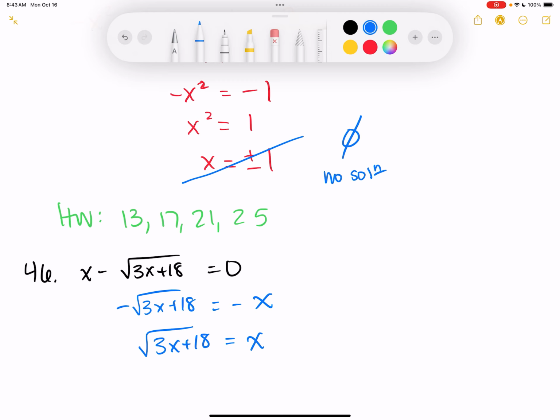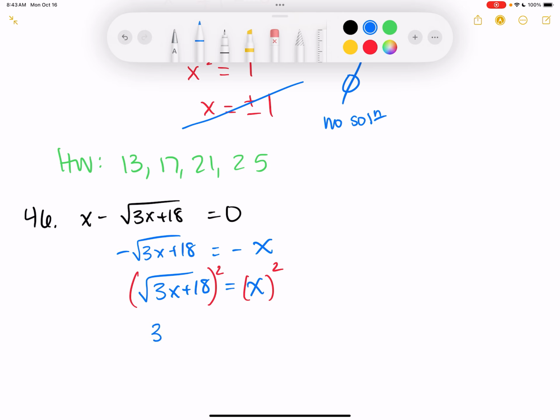Now, because I have the square root on the side by itself, I can square both sides. So, squaring that, I'm squaring that. And so the square root and the square cancel, so I'm left with 3x plus 18 over here equal to x squared over here.